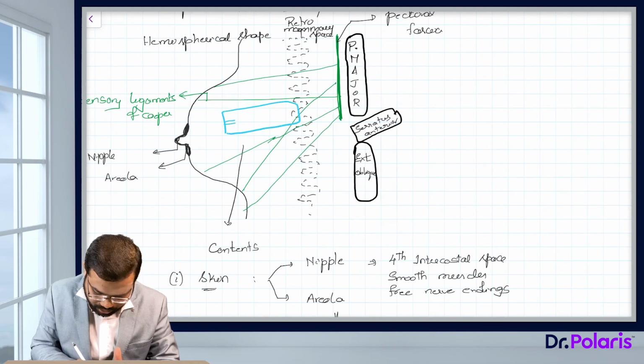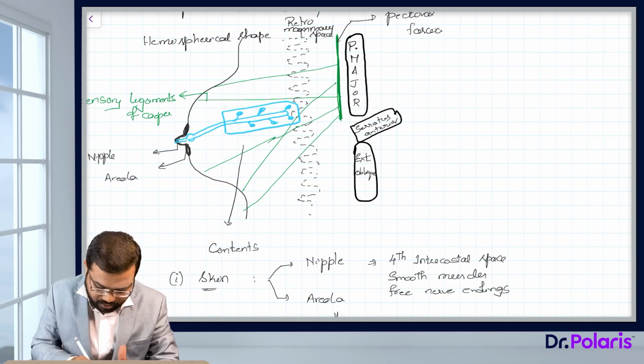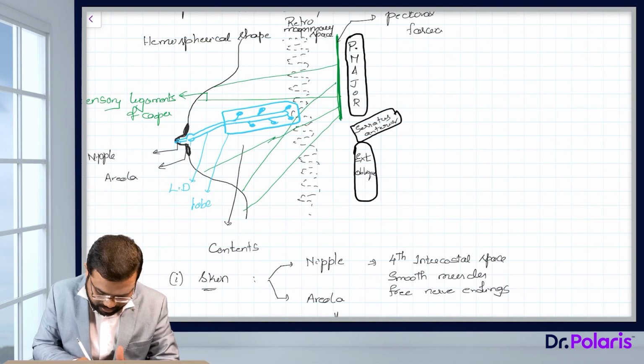And this is the duct portion with its acini, and they come towards this to form an enlargement called the lactiferous sinus, and then drain here. So this is the lobe, this is the lactiferous duct, and this is the lactiferous sinus.